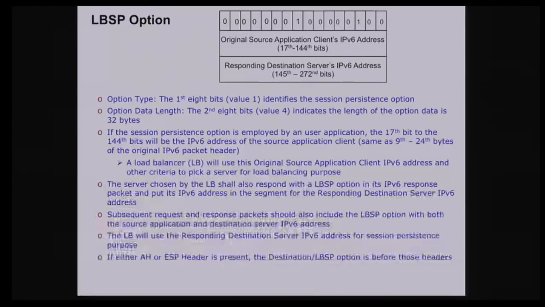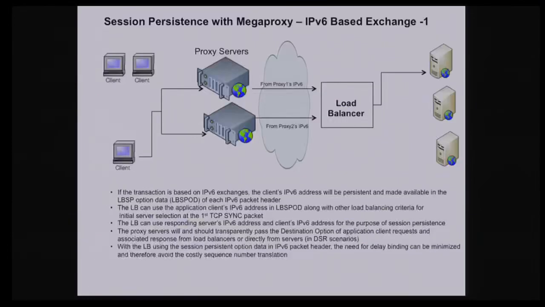So the first packet sent from the client will fill in its own V6 address in that destination option in the first segment of that LBSP. And of course, it doesn't know which server will take that traffic, so it will leave it all zeros.